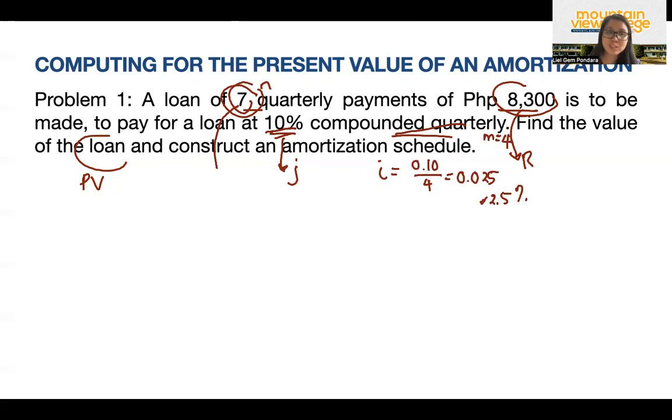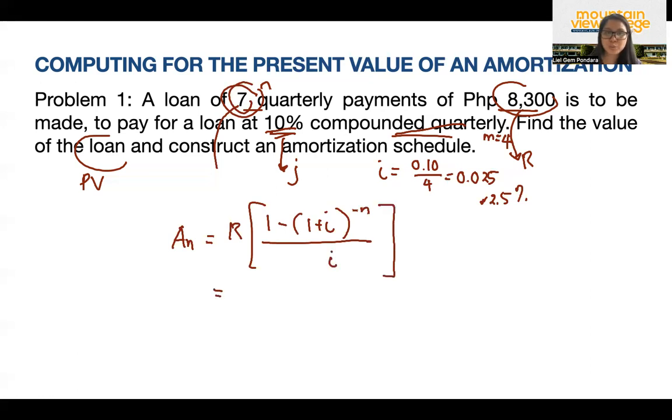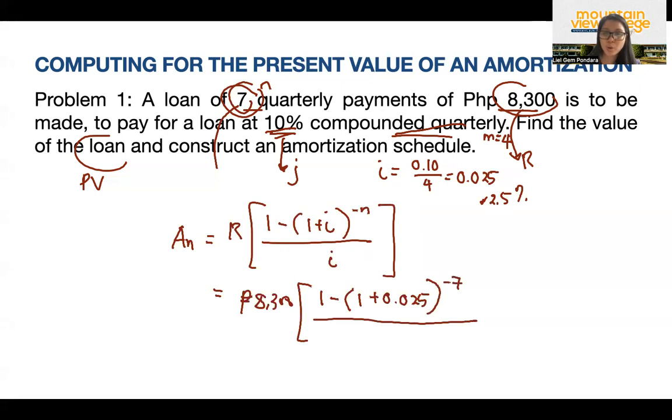So this time, let's solve for the present value. We have R times 1 minus 1 plus I to the power of negative N, all over I. So we have 8,300 times 1 minus 1 plus 0.025 to the power of negative 7, all over 0.025.